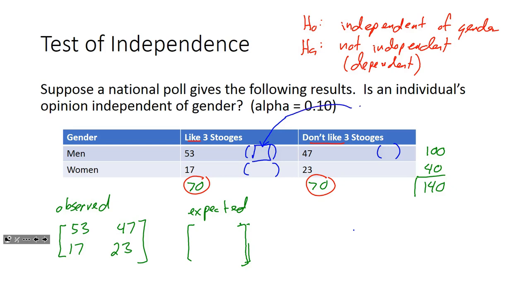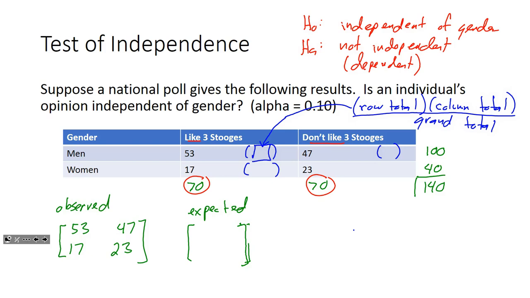You can take your row total times your column total and divide it by the grand total.